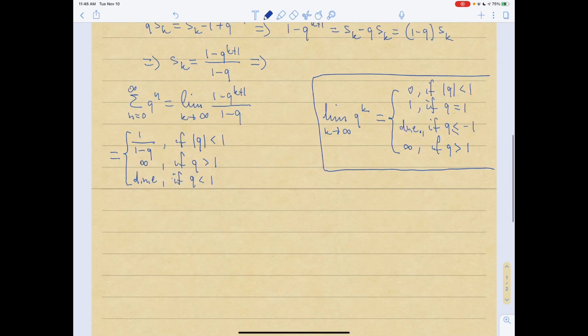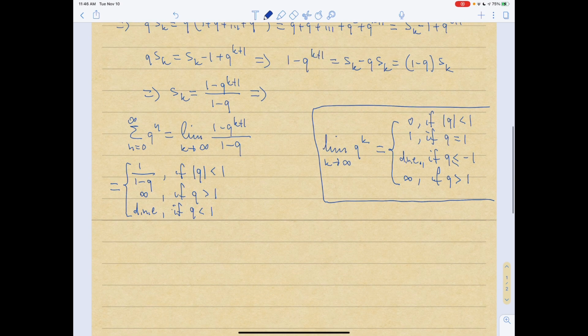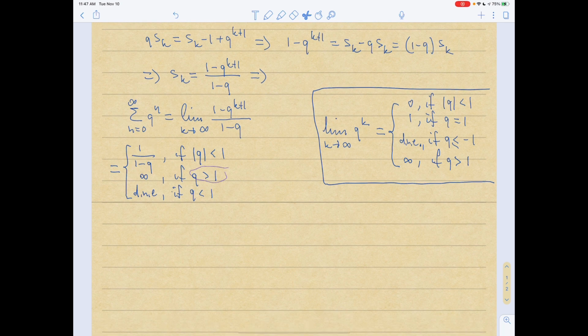And so then the conclusion is that the series converges, right? The sum of a series is finite and equal to 1 over 1 minus q if the magnitude of q is less than 1. Otherwise, the series either diverges if q is bigger than 1, or it does not converge if q is less than minus 1.